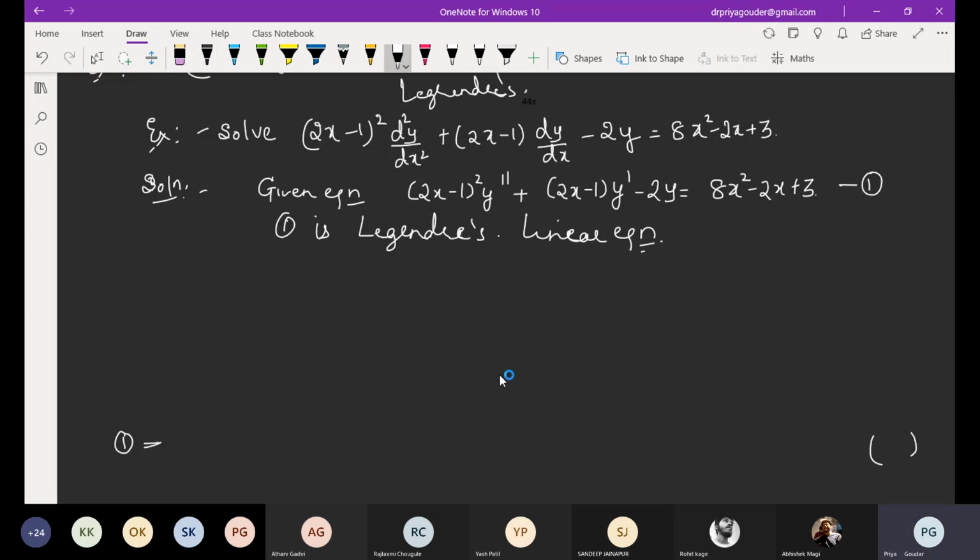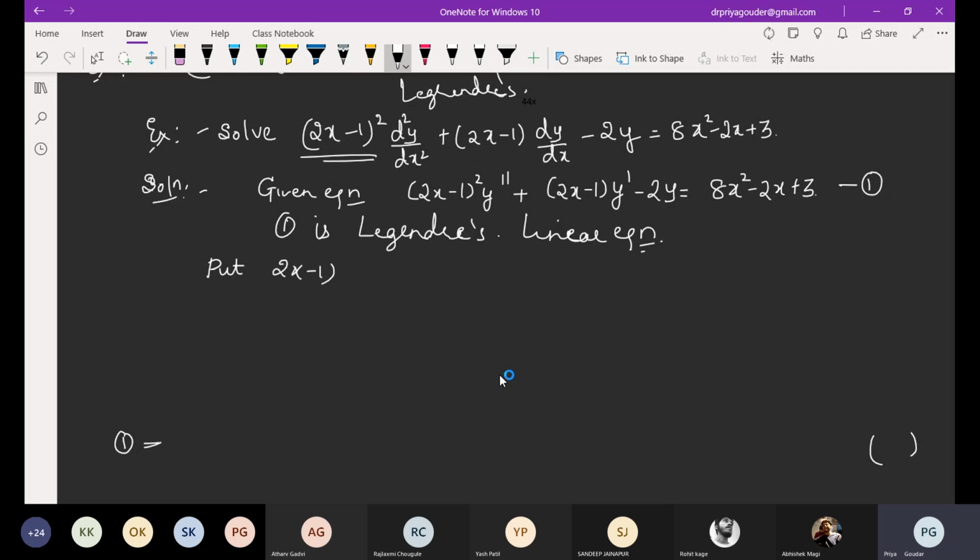To solve a Legendre's linear equation, we have to go for a substitution, isn't it? So what is the linear factor present here? Which is the linear factor we have? 2x minus 1.